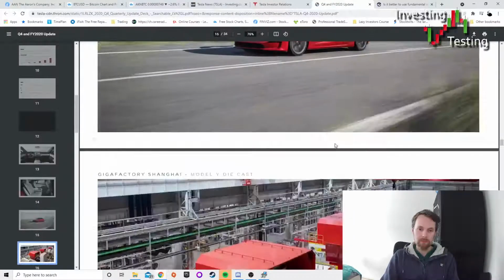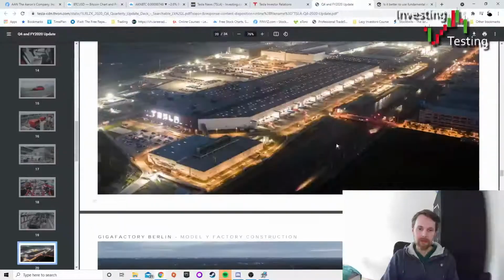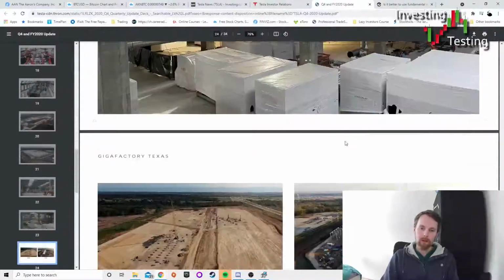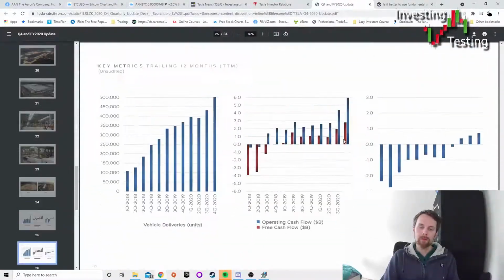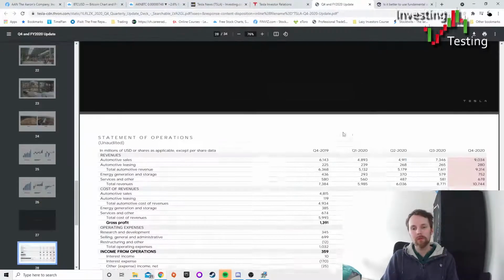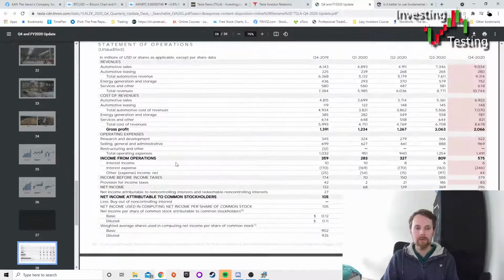As human beings, we can see more things than a computer can. However, when it comes to pure numbers and pure analysis, a computer would probably be much faster at pulling through all of these numbers than a human being.